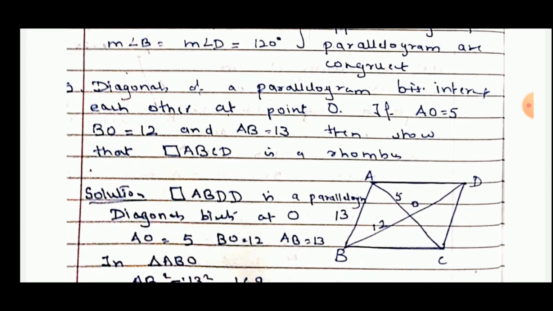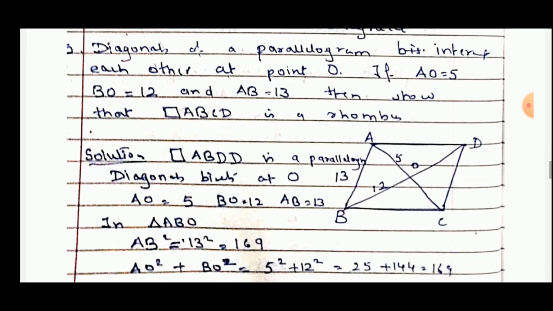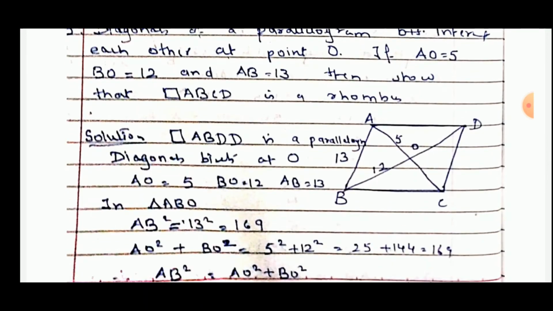Now diagonals of the parallelogram intersect each other at point O. If AO equal to 5 and BO equal to 12, then prove that quadrilateral ABCD is a rhombus. Now quadrilateral ABCD is a parallelogram. Diagonals bisect at O. AO equal to 5, BO equal to 12.